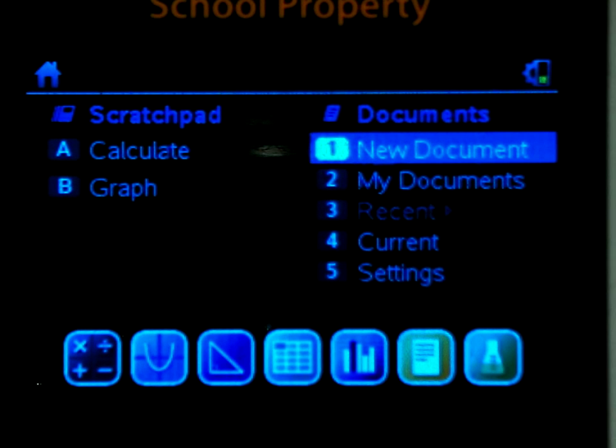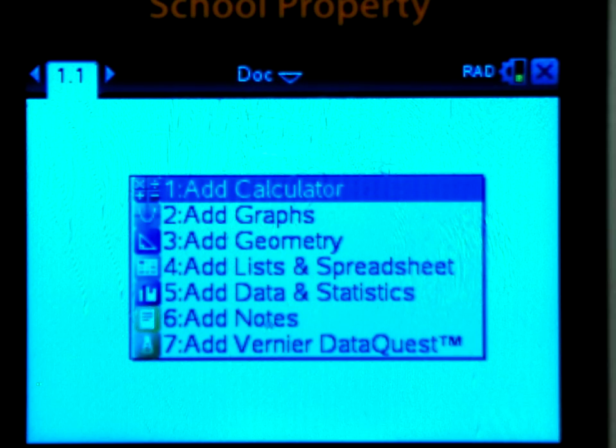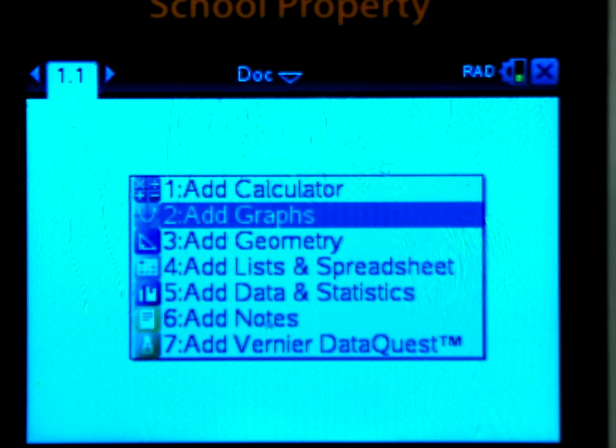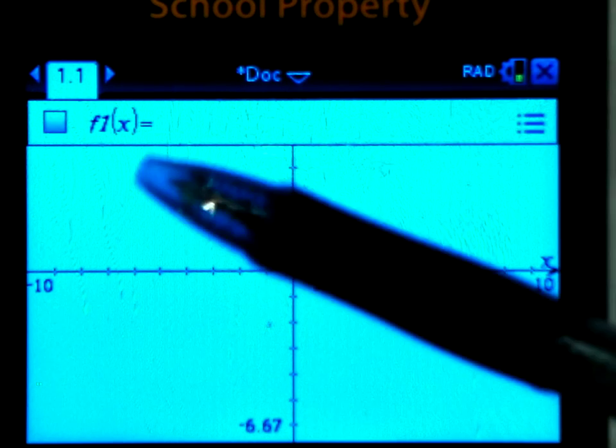Starting at the home screen, in order to find all these things, I need to graph it. 99% of the time, when in doubt, guys, just graph it and see what you find. So we're going to do new document. Do you want to save? Again, I always press no there. And I'm going to add a graph. It comes up with this little f1 of x equals.